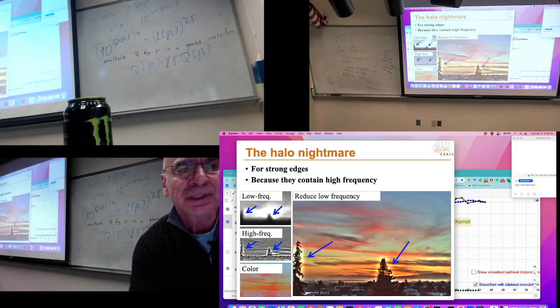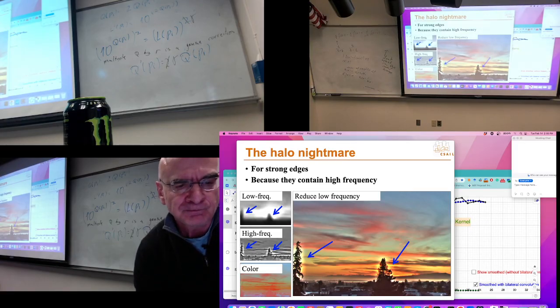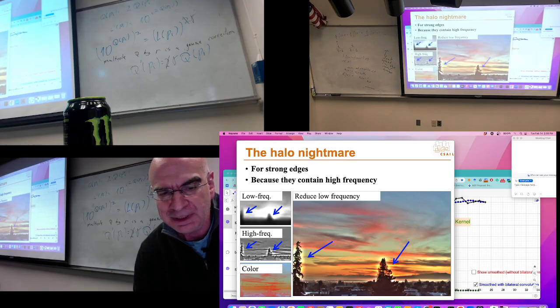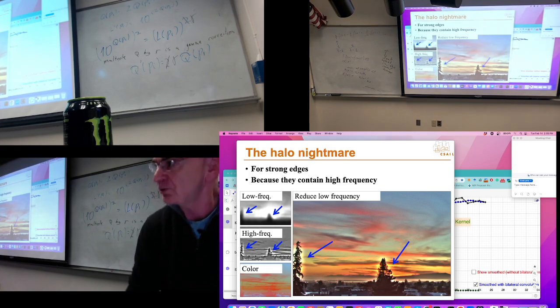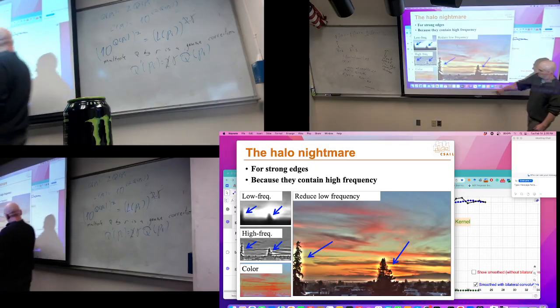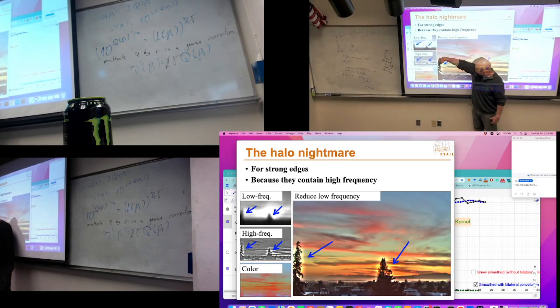OK, back to the halo nightmare. Not my terminology. Why is it suddenly so bright and so unnatural? Because even though this region is highly illuminated, it's counted as low luminosity because it's close to the nearby dark part.